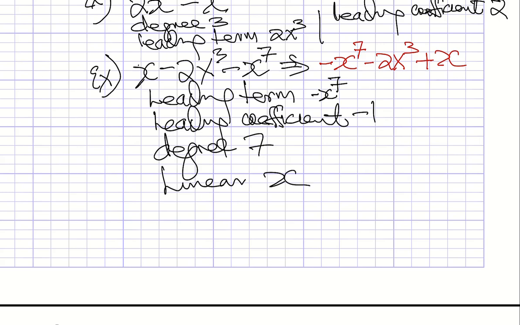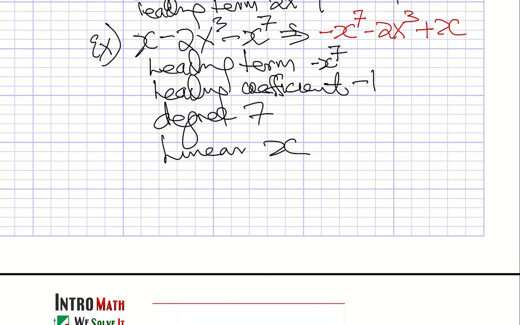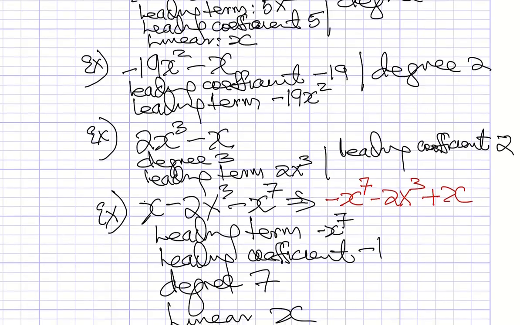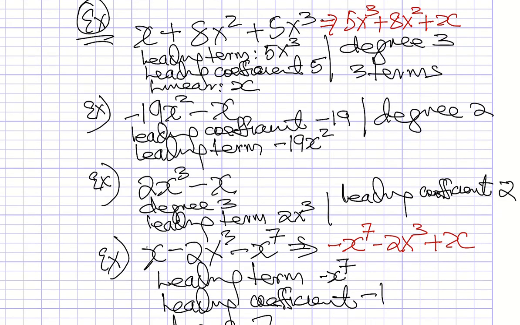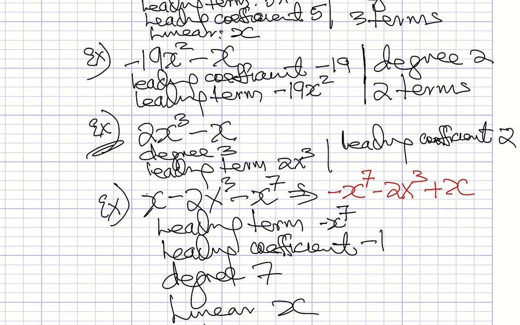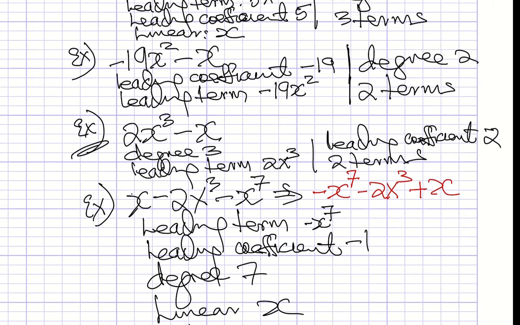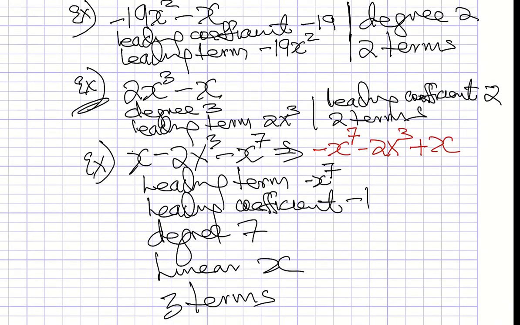The linear part of it is that. How many terms does that polynomial have? It has 3 terms. Let's go back. This one has 1, 2, 3, so 3 terms. This one has 2 terms, and this one here has 2 terms.